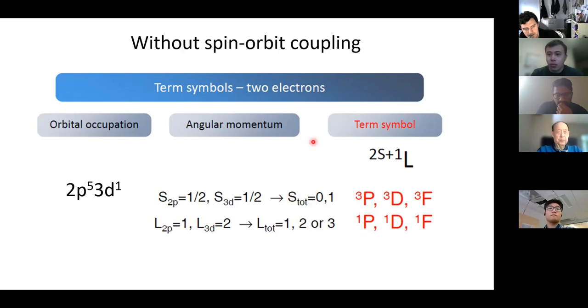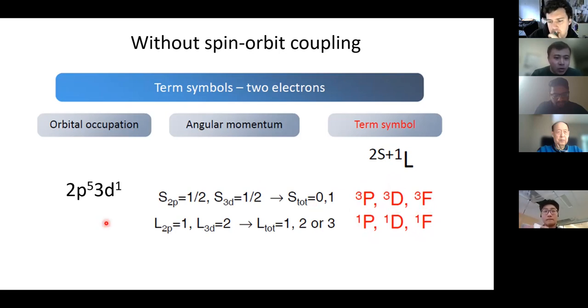So it may sound very simple, but you see, now even without considering the spin orbital coupling, we already have 6 states, meaning that once you promote a core hole electron to a 3d orbital, it in fact has 6 possible energy states, right? Described by these 6 term symbols.